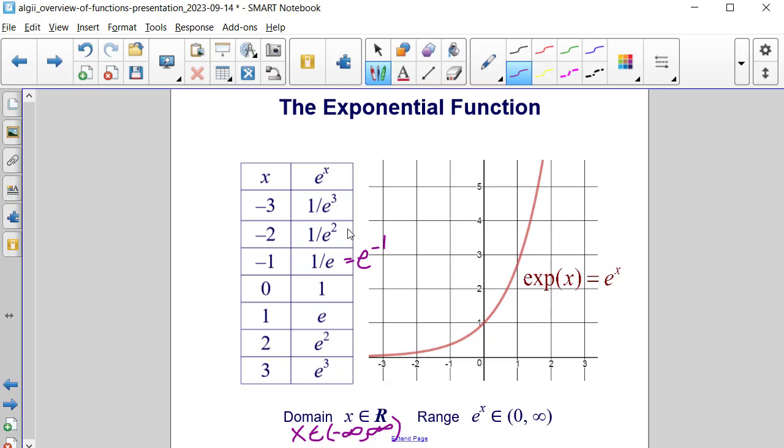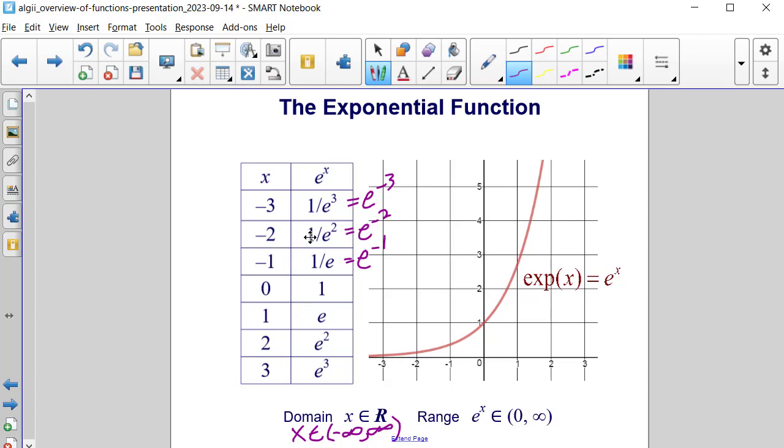But then if you do e to the negative 2, it becomes 1 over e squared. And when you have e to the negative third power, it becomes 1 over e cubed. So this e value is becoming much bigger in the denominator, making it become closer and closer to 0.